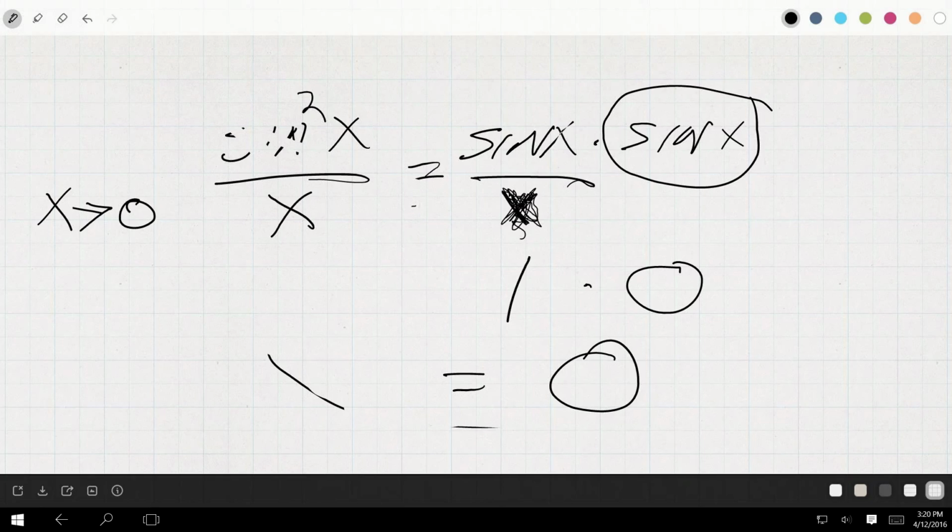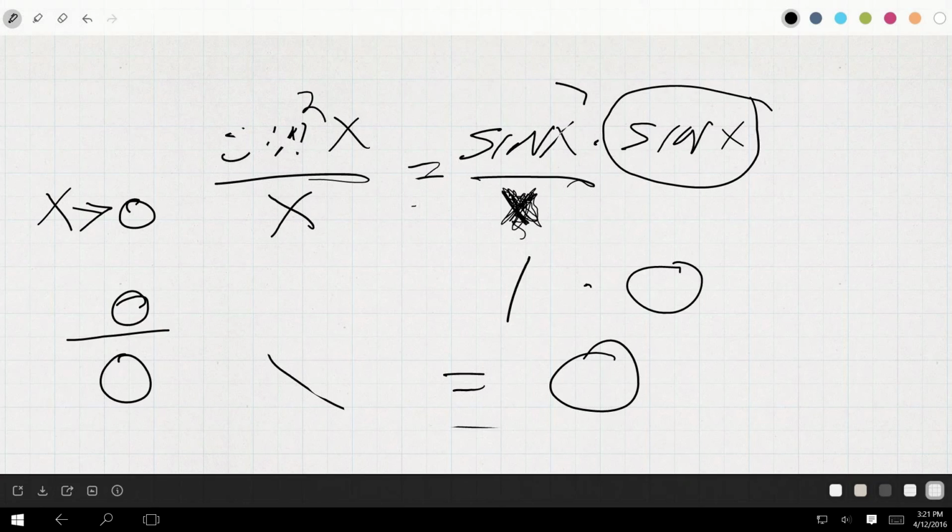When you have a number times 0, it's 0 regardless of what the number is. If you just plug 0 into the original expression, wouldn't you get 0 over 0 and then it'd just be 0 too? No, because 0 over 0 is not always 0. It's indeterminate. We don't know what 0 over 0 is.